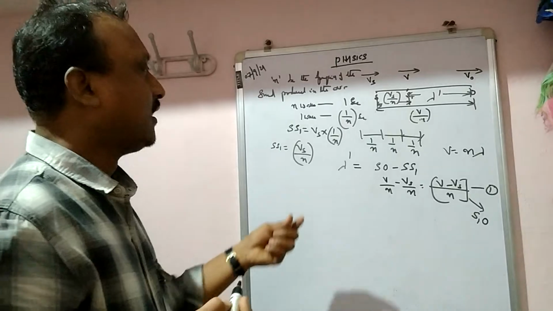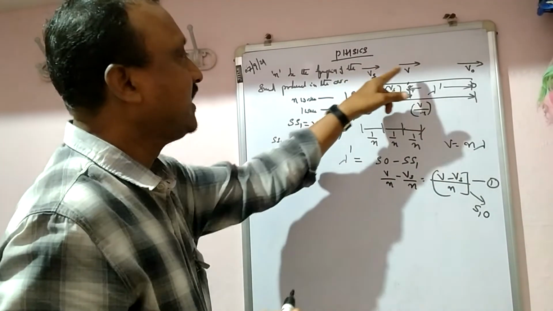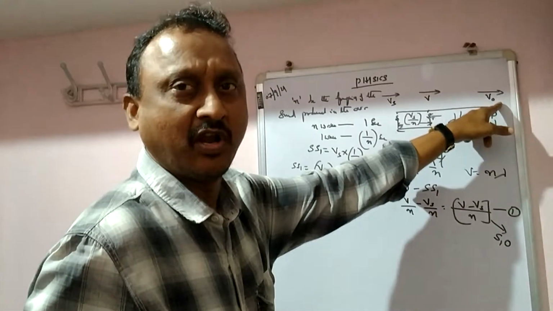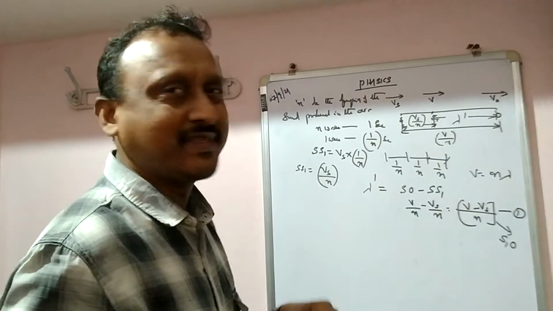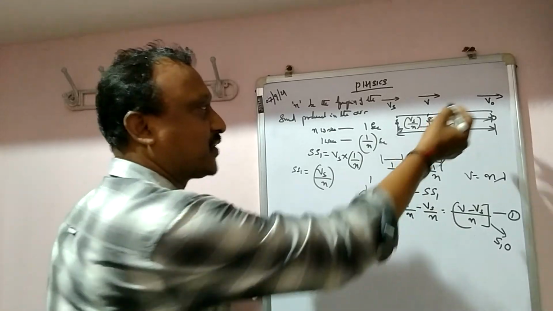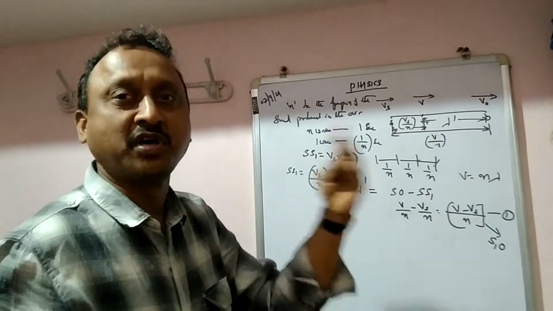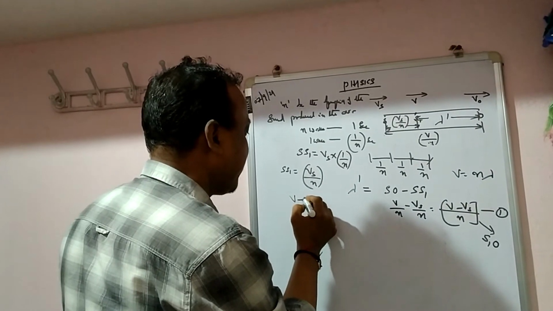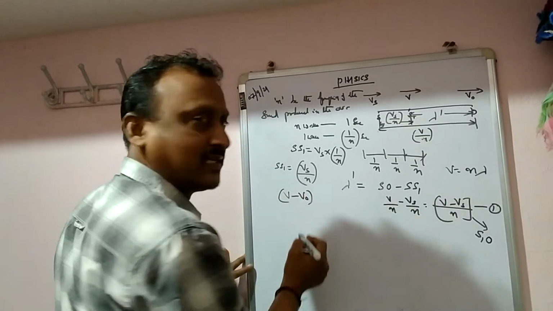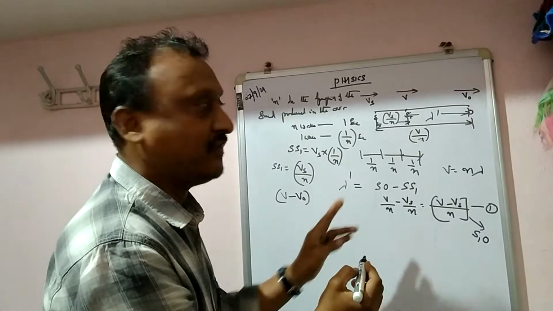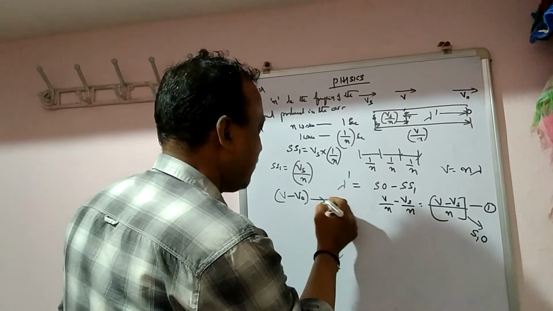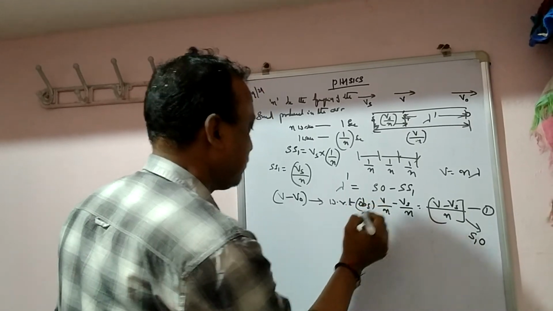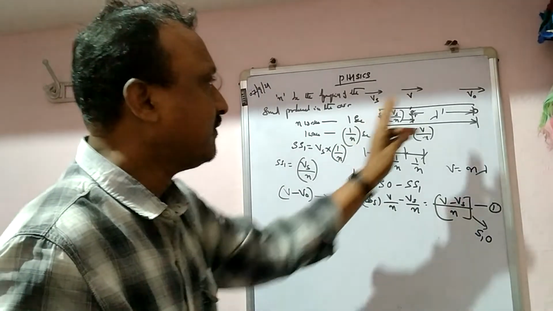Now we know that V is the velocity of sound in air and V0 is the velocity of the observer. What will be the velocity of sound relative to the observer? Because both are in the same direction, V minus V0 is the velocity of sound with respect to the observer.